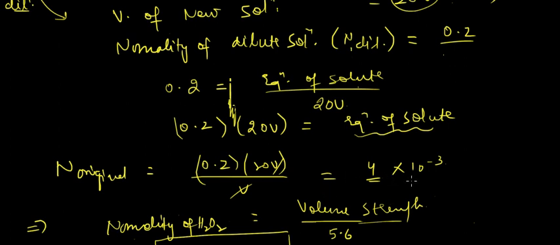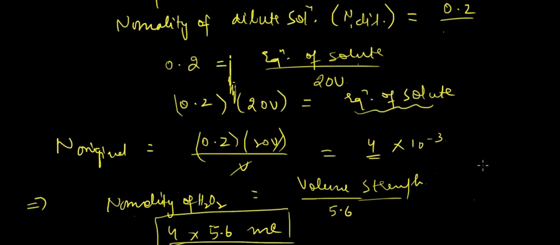Okay, for this to be in liters. So for better clarity, let me write it again. As this is normality, this should be multiplied by 1000 here. So the equivalent of solute here would be 0.2 into 20V into 10 to the power minus 3, divided by V. So V and V get cancelled.